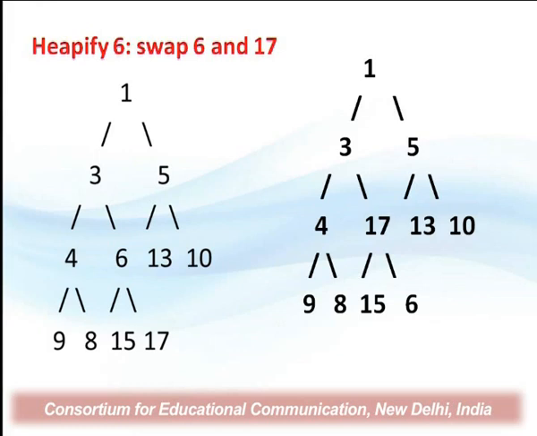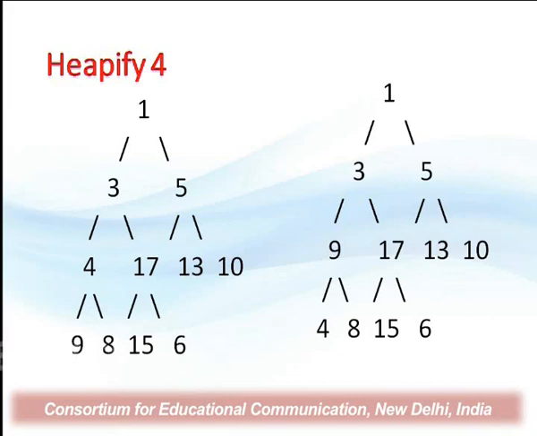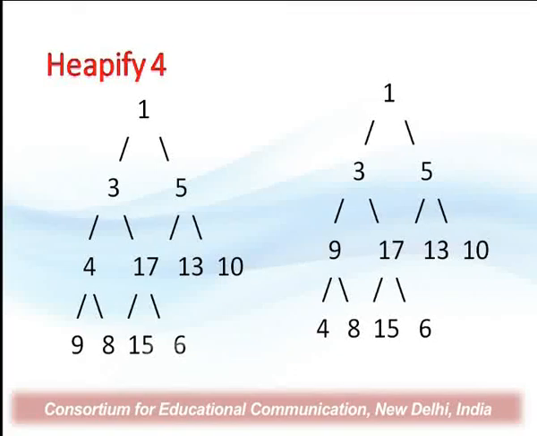Coming back to the next node, which is 4. Now 4 has 9 and 8 as its left and right children. So we swap 9 with 4 because that is the greatest among all three. So the immediate task at hand is to heapify 4. 4 is the root of a subtree which has 9 and 8 as its left and right child respectively.